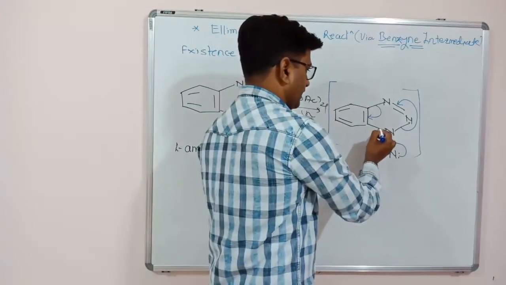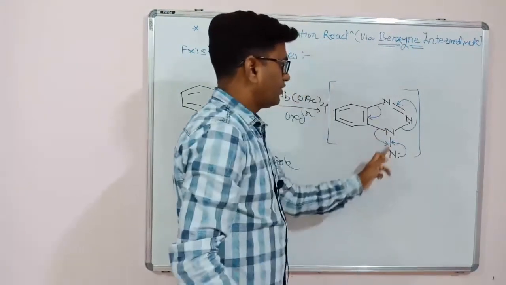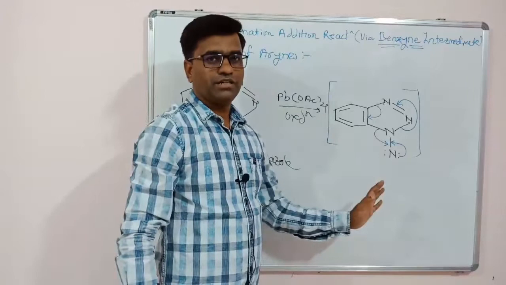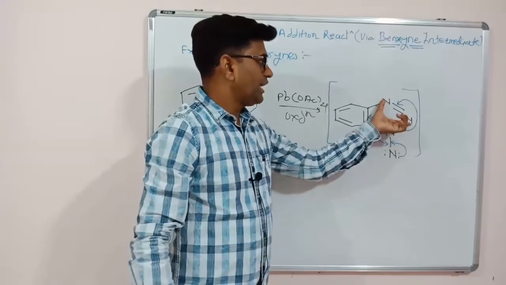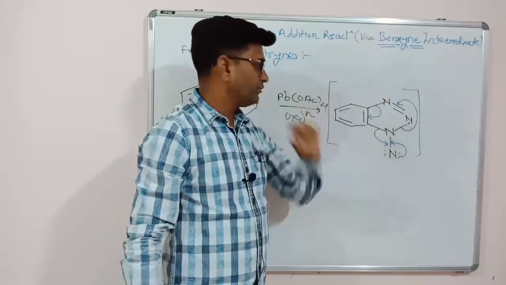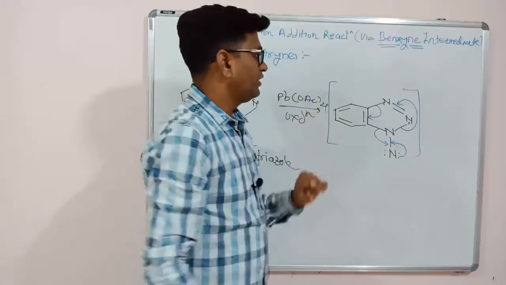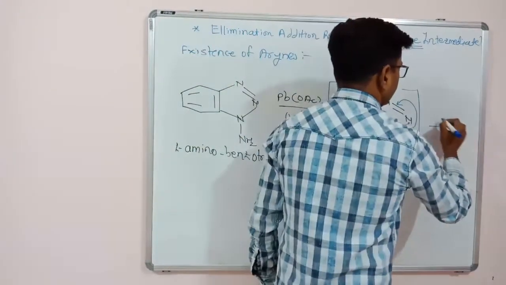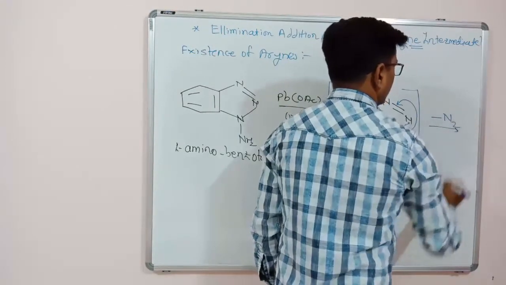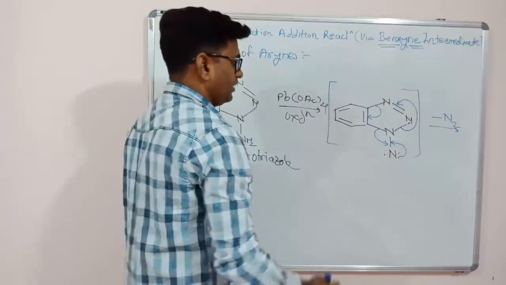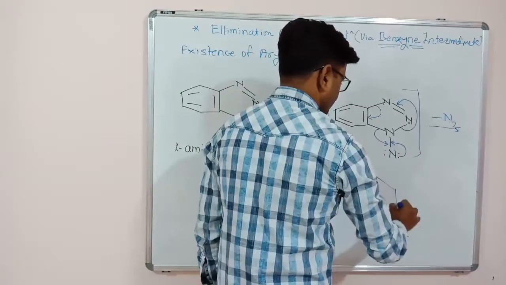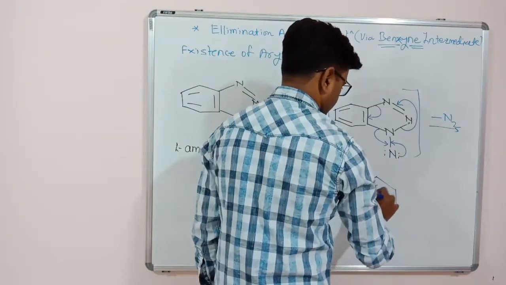So this bond will break, and here is the nitrogen triple bond again. So this is one nitrogen molecule, and this is another. So there is a byproduct formation of N2, and the product we get is benzyne.